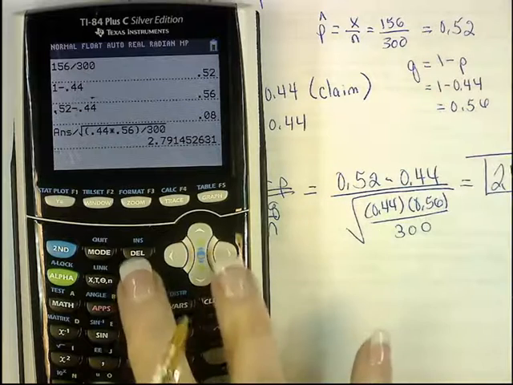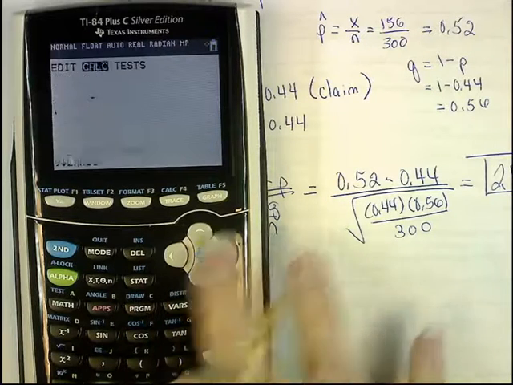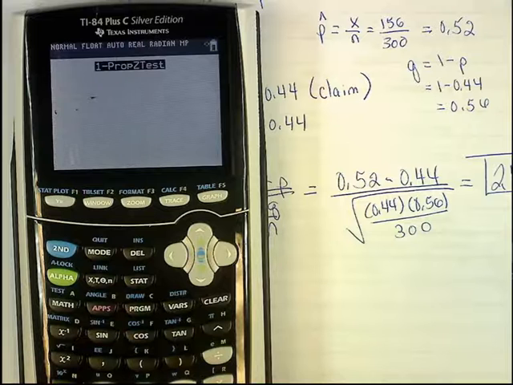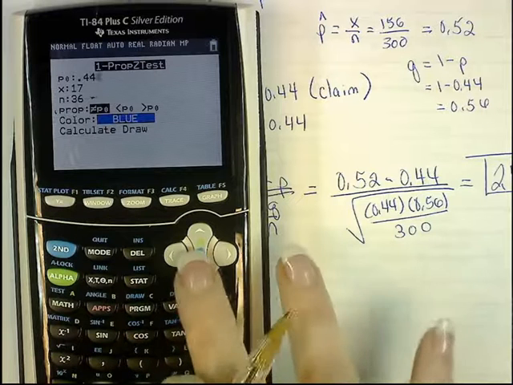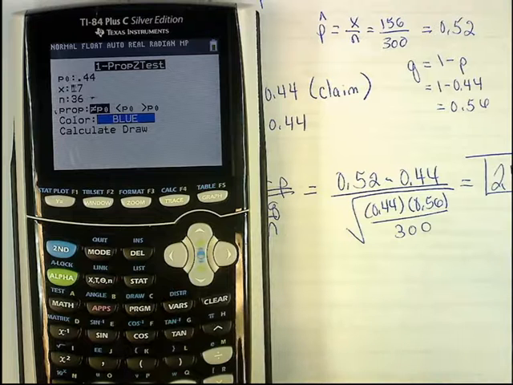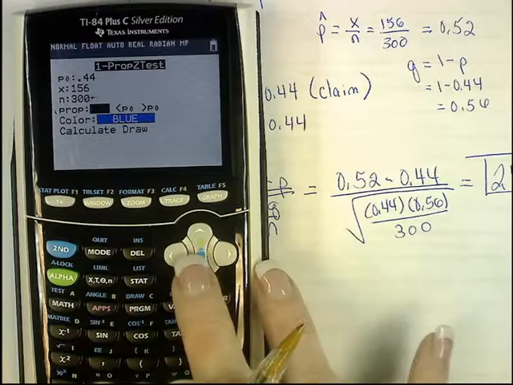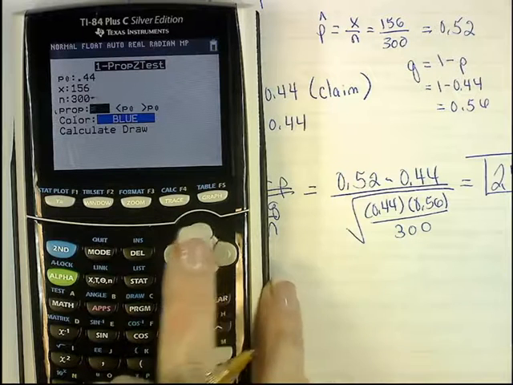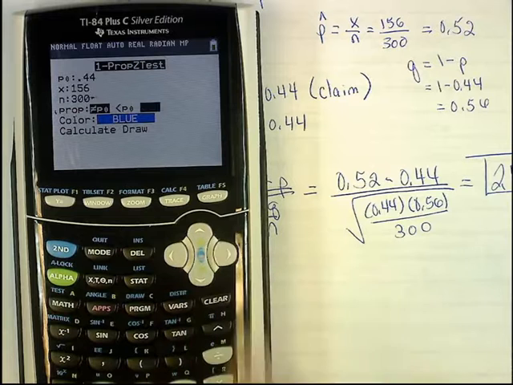Also, if you go to stat and test and number 5, one prop z-test, the claim is at most 44%. The X is 156 and your sample size is 300. This is a right-tailed proportion z-test, so let it blink on greater than 0.44.